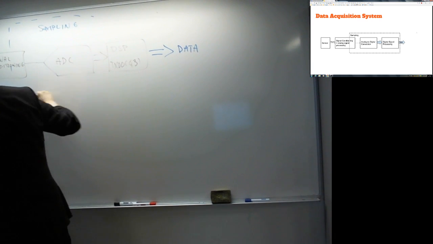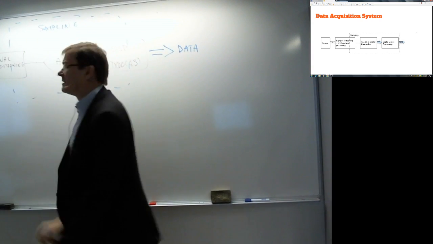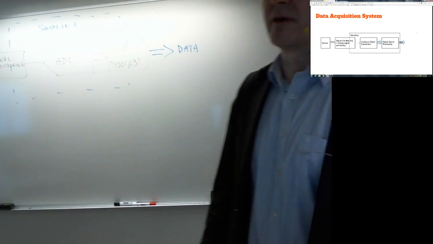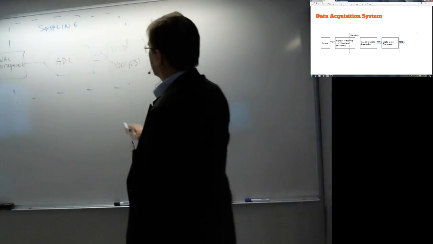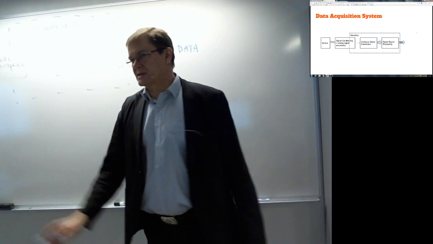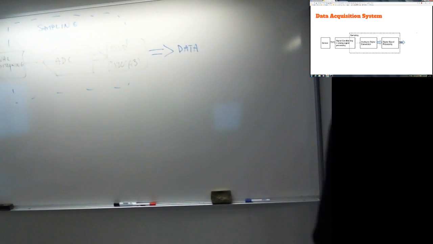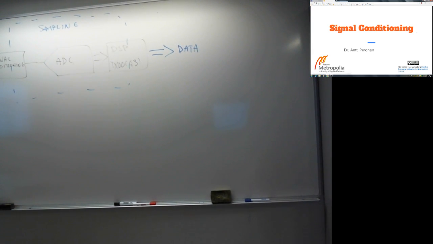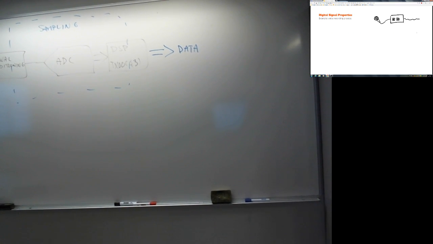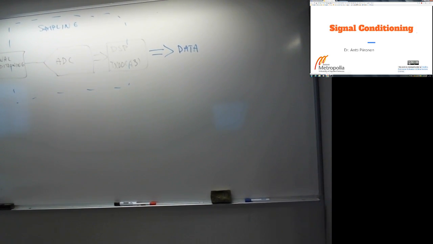So I would just mark that sampling is actually somewhere there. Even in the post-processing there could be some sampling.